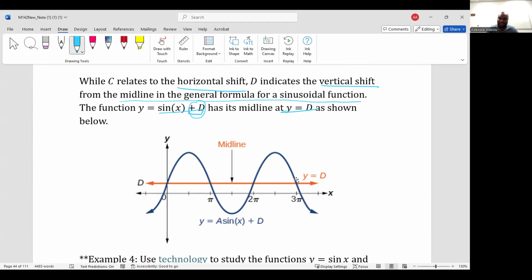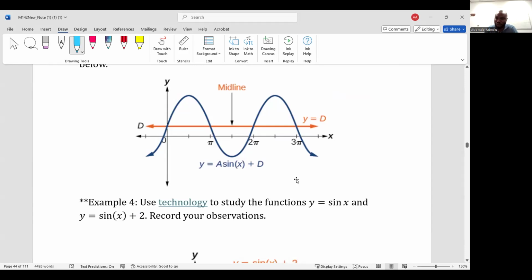For example, in this case, whatever our D is, let's say it is 1, so our midline is going to be here. Remember what the midline is doing. It is considered as the rest point where you start to measure the amplitude of the sinusoidal function.